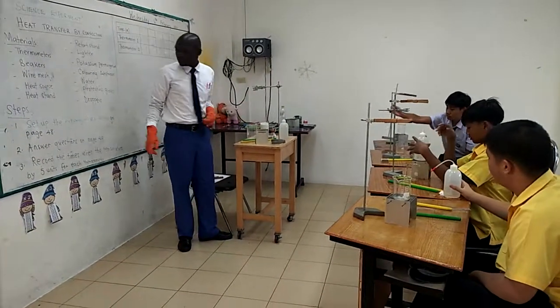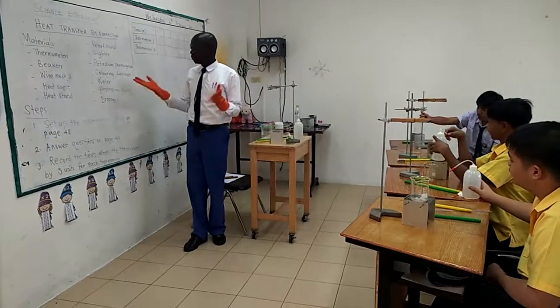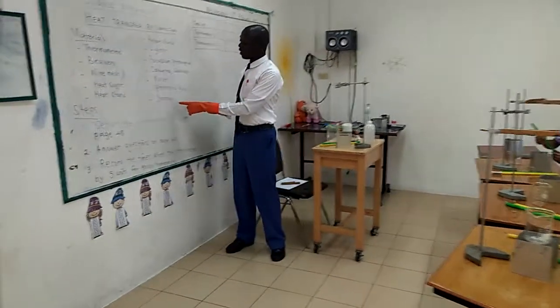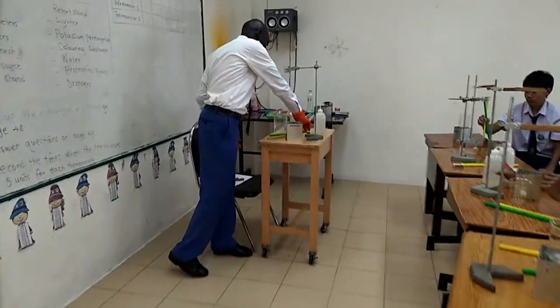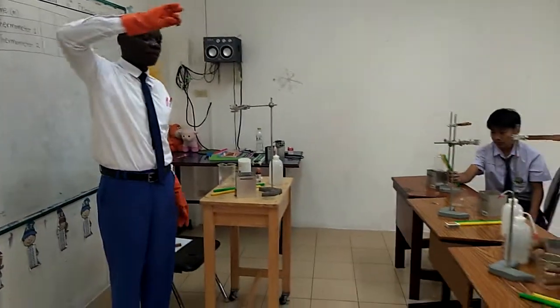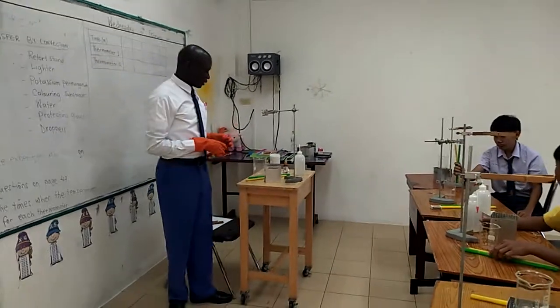Next, we also have protecting gloves. Of course, we need to protect ourselves. Then we have the dropper. I'll use this one to scoop the chemical and then drop it in our substance.